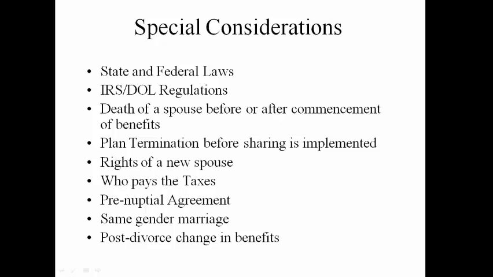And if the order is approved and sent back to the plan administrator and death occurs, well, the plan administrator is lost. Either he or she makes a choice that may be wrong and litigatable, or has to go back to court and ask the court for help.